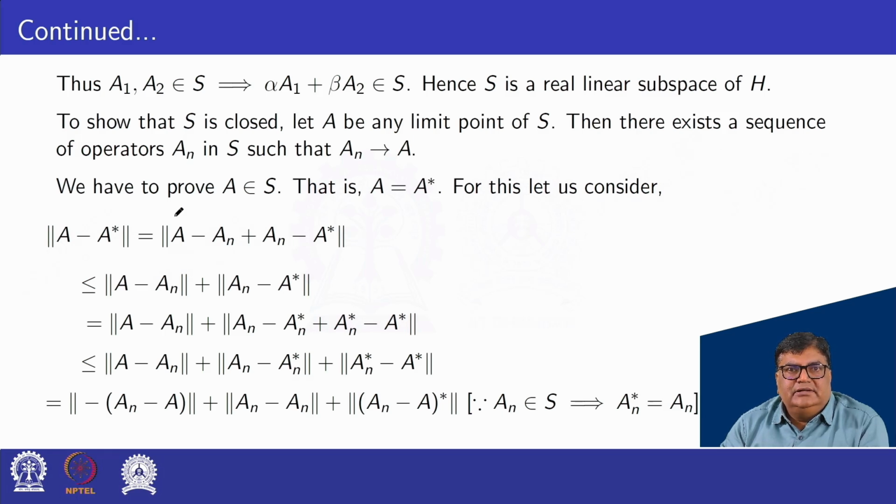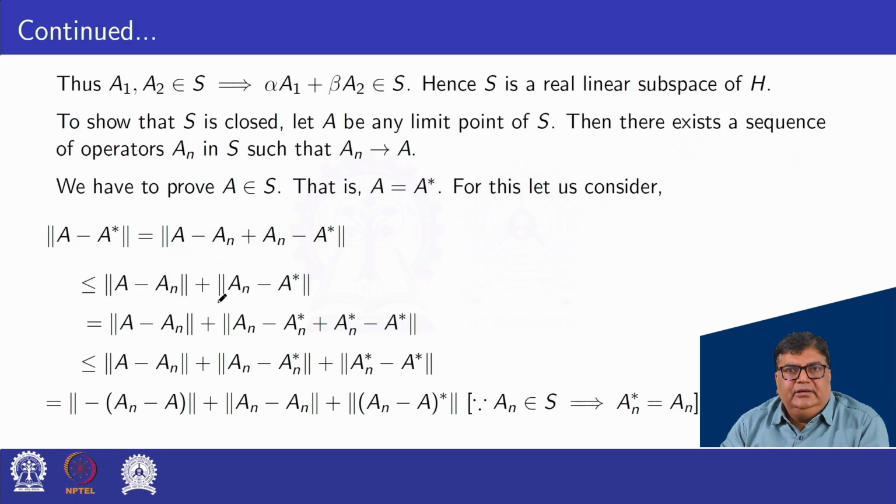Again, this can be adjusted by adding An star and subtracting An star. So this can be written as norm A minus An as it is, plus norm An minus An star plus An star minus A star.